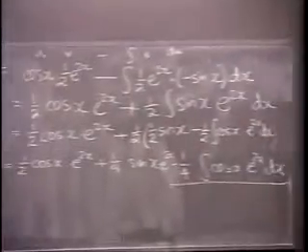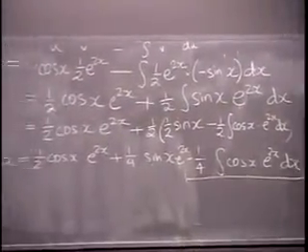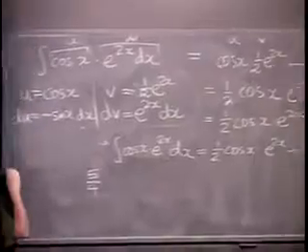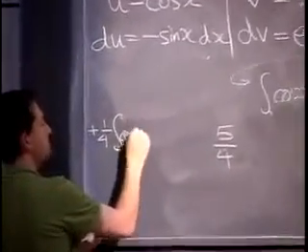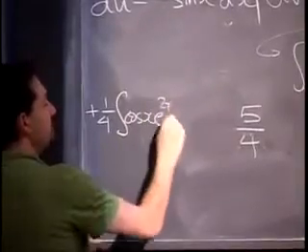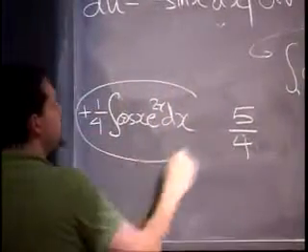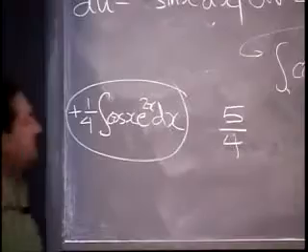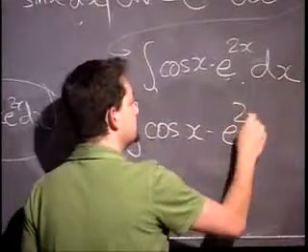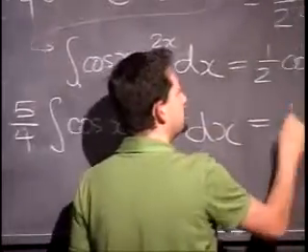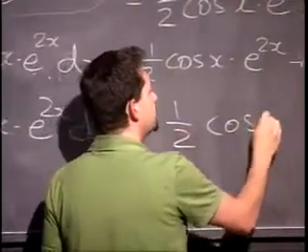And we end up with 5/4 of it. So I guess the operation is to add 1/4 of the integral of cosine x e to the 2x dx to both sides. And we'll end up with 5/4 of it on this side equals this stuff that doesn't involve an integral.